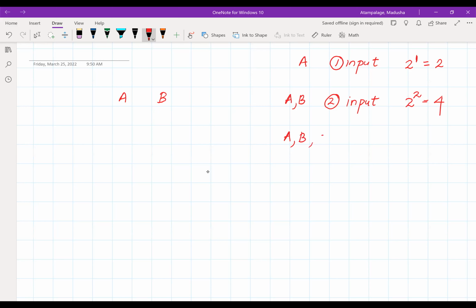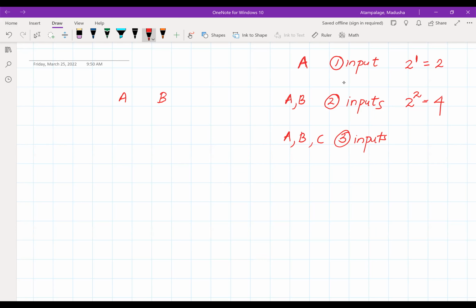Now tell me what will happen if we have 3 inputs. Here we have only one input, right? We need to find the number of possible combinations.